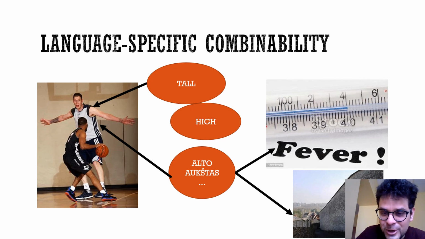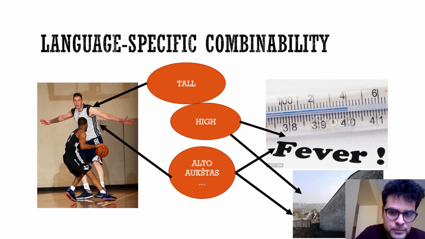We can say un muro alto, but we really don't say a tall wall or a tall fever. We say a high fever, high wall. So of course here we see that, as any translator knows, if you are translating into English, the same word in Lithuanian is translated in different ways according to the context in English.